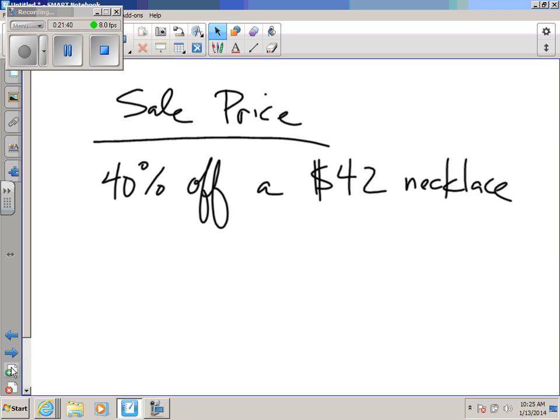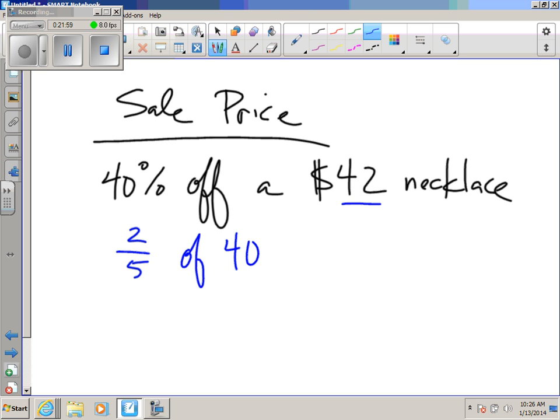Now, a couple of different ways of looking at this. If it's 40%, you could use what fraction? 2/5. Then you would say what number closest to 42 is divisible by 5? Want to use 40? That's fine for now.